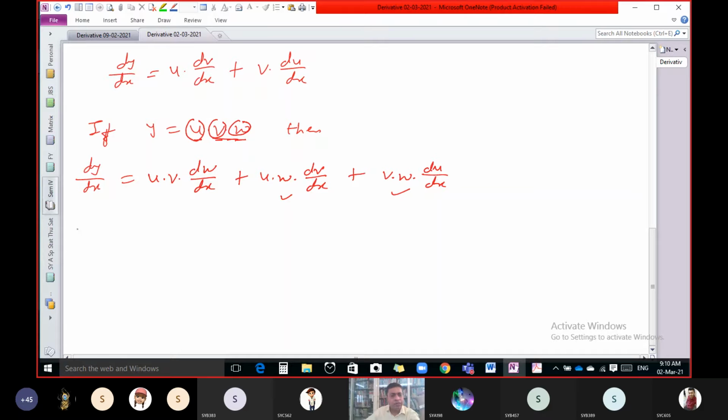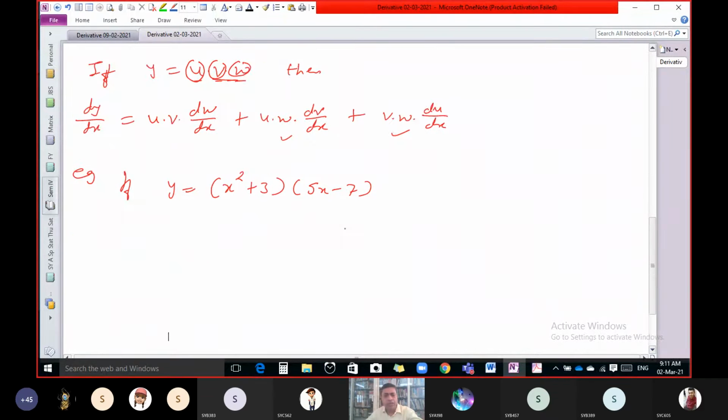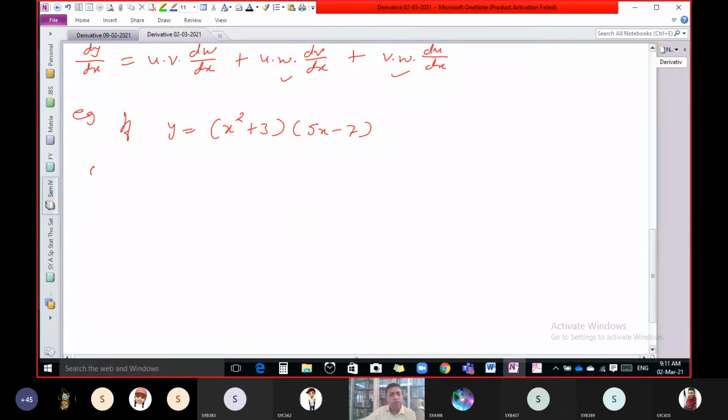So let us take one small example. If y equals (x square plus 3) into (5x minus 7), and if you want to find dy by dx, consider this as u and this as v. So first function as it is. Now multiply by the derivative of the second function.